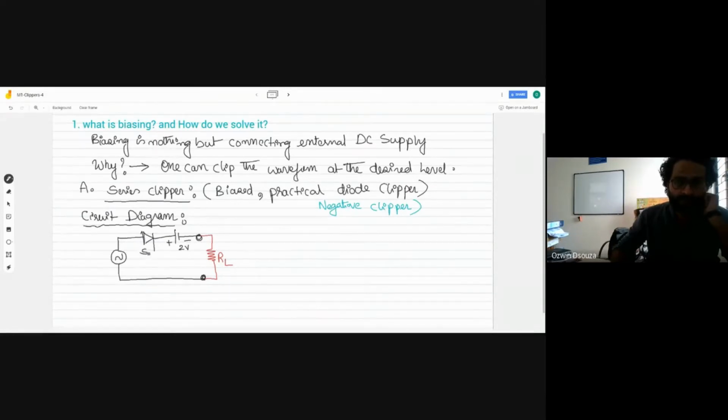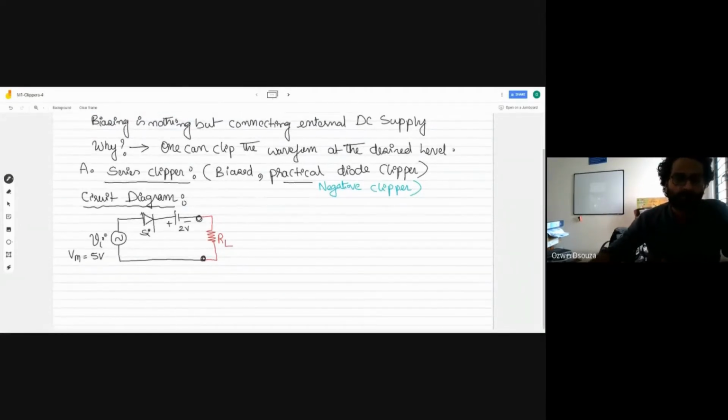Let us say this diode is made up of silicon because we need to incorporate the practical diode analysis. Let's say this is your Vi, a sinusoidal signal with a maximum value of 5 volts. And this is where you are going to measure your output.